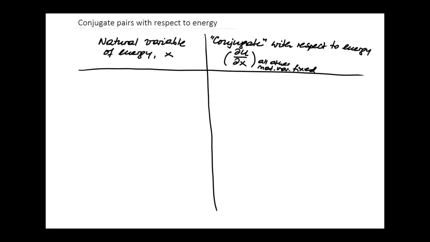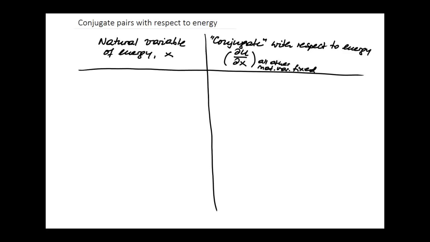This means that if the energy depends on a variable x, then the conjugate of x with respect to energy is the partial derivative of the energy with respect to x. We also have a conjugate with respect to entropy. So if the entropy depends on x, then the conjugate of x with respect to entropy is the partial derivative of entropy with respect to x. So the notion of conjugacy is always relative to the quantity of which we take the partial derivative.